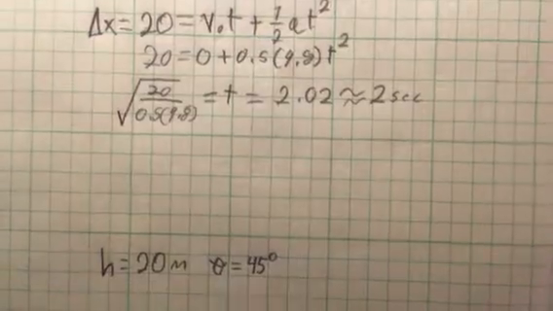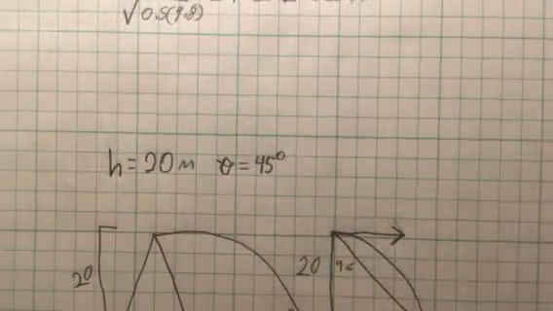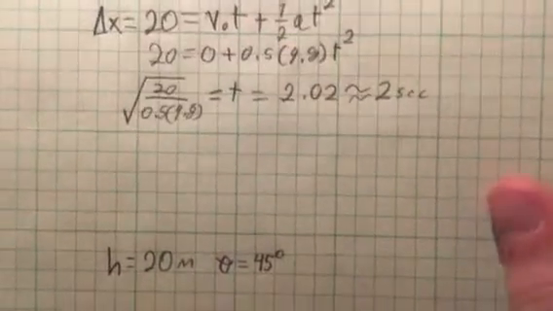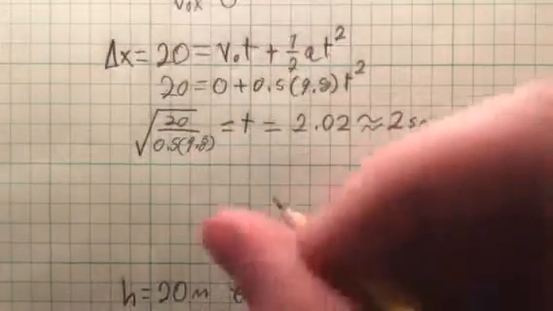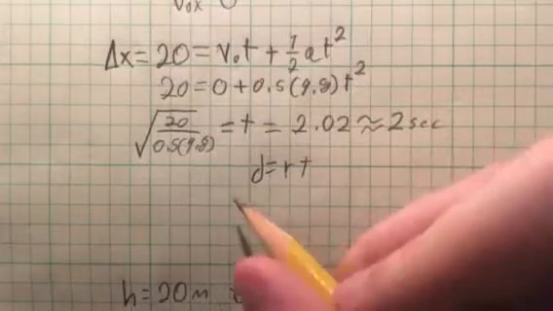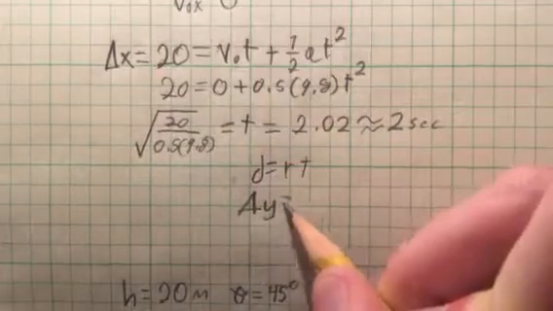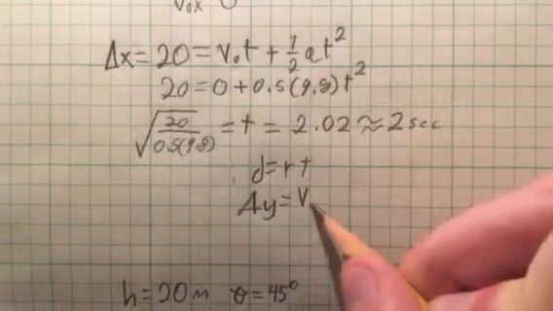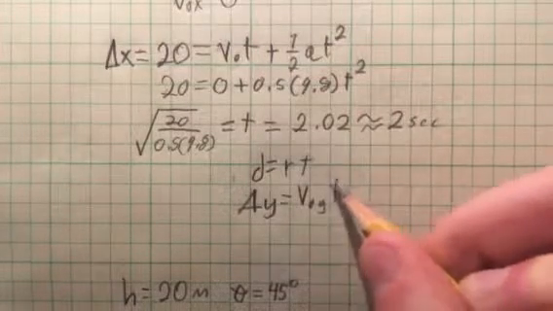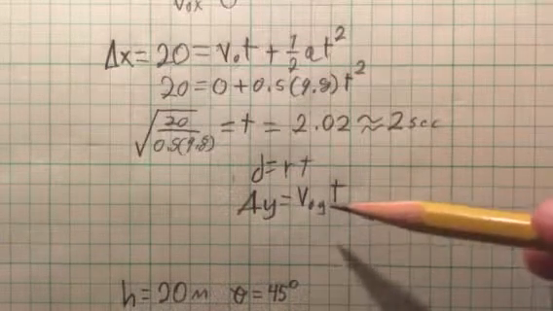So now we can work with the y-axis, because now we have a time that we can work with here. If we look at our kinematic equations, this is really a distance equals rate times time problem. We just have d equals rt, or if you want to represent that in the notation we're using, the change in the y-axis equals the initial velocity in the y-axis times time, because the velocity is going to remain constant.